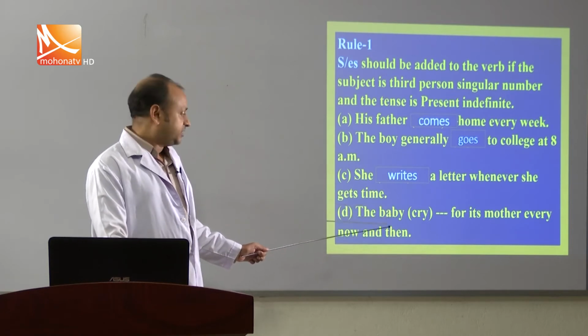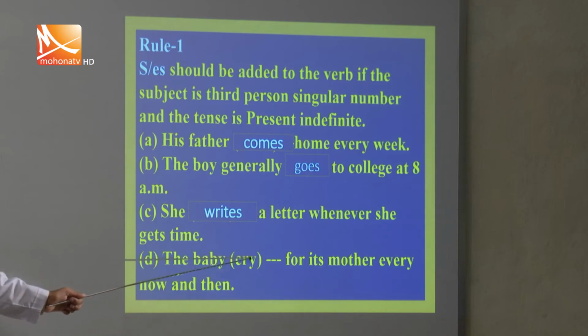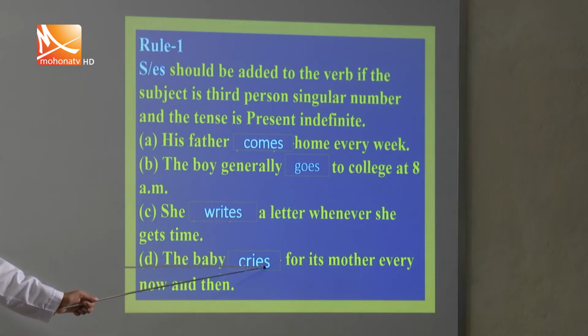Our last example, the baby cry for its mother every now and then. So, the baby is third person singular number, you see, and the tense is present indefinite tense. That is why cry should be written cries after adding s or es.